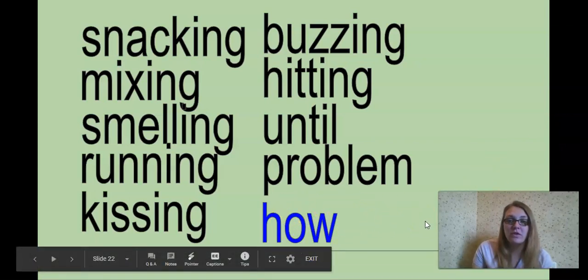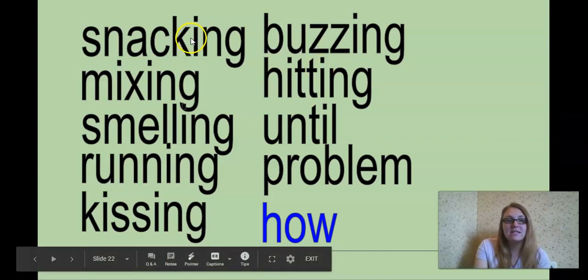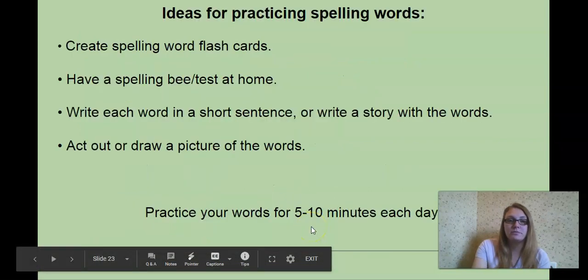So our tricky word for the spelling word list is how. Once again, snacking, mixing, smelling, running, kissing, buzzing, hitting, until, problem, and how.